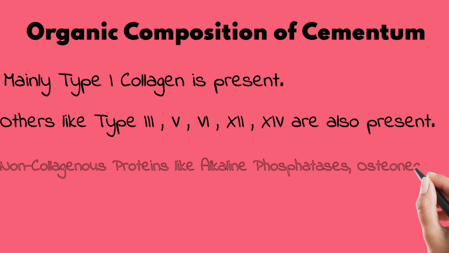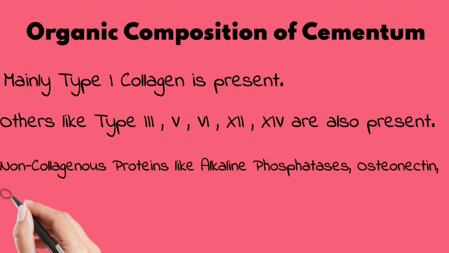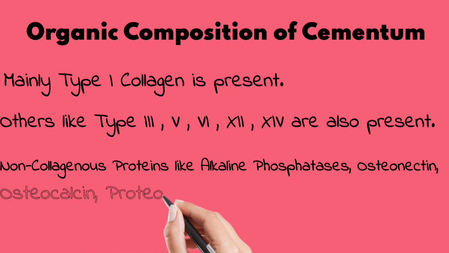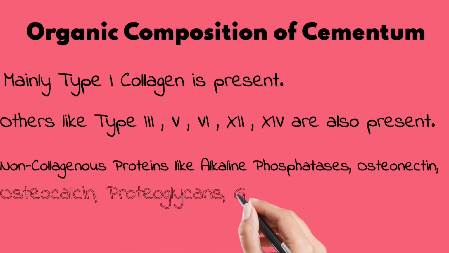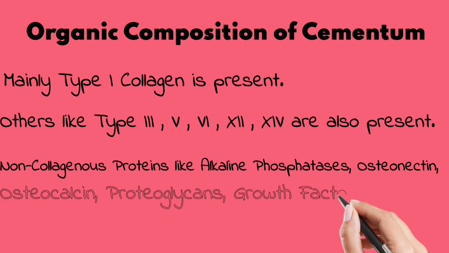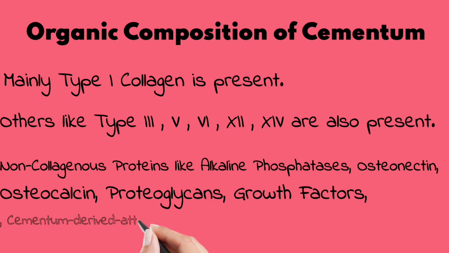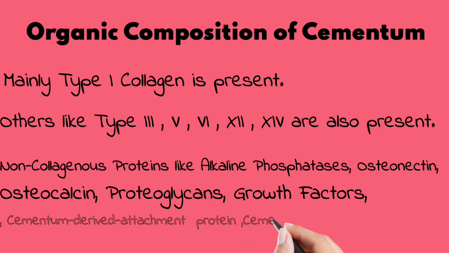Some non-collagenous proteins are also present, like alkaline phosphatase, osteonectin, osteocalcin, sialoproteins, osteopontin, proteoglycans, growth factors, cementum-derived attachment proteins, and cementum-derived growth factors. All these names are very important for the Viva.